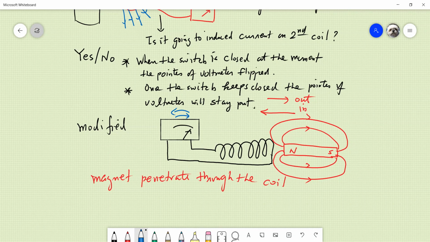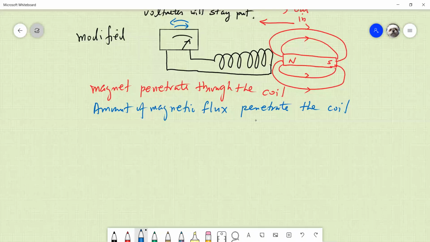It translates to the magnetic flux, the amount of magnetic field lines penetrating the coil. So it depends on time, on how fast the magnet is going.